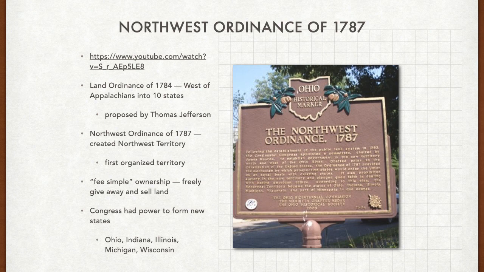This new ordinance also allocated for the creation of 5 new states: Ohio, Indiana, Illinois, Michigan, and Wisconsin. Once they reached a population of at least 60,000 people, they would officially be recognized as states. So that was usually how we determined that a new state was official, right? If you reach 60,000, then you're good.